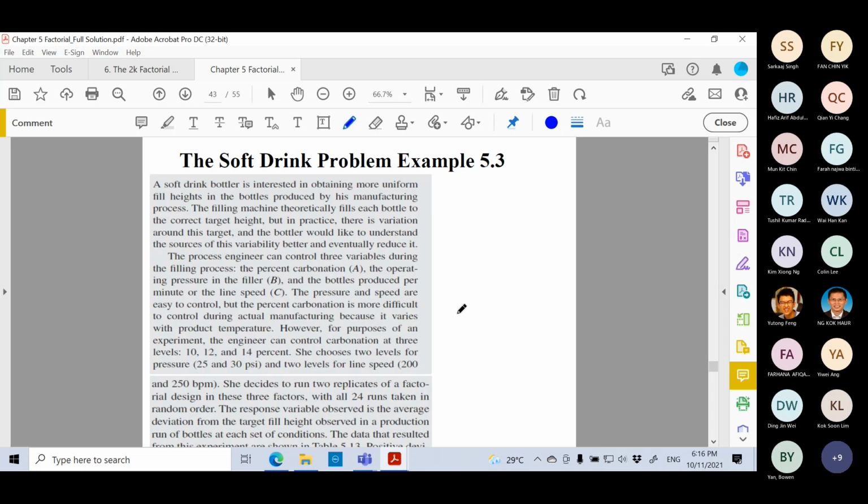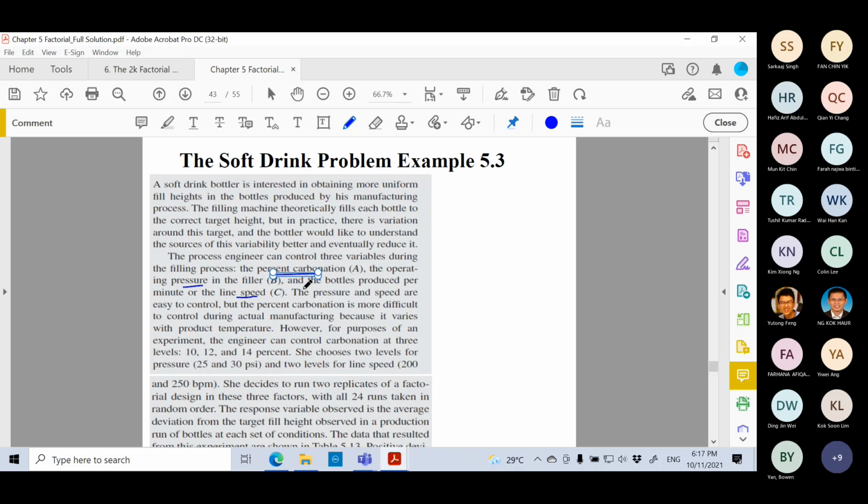So this is one of the examples from the textbook, example 5.3, where they want to study 3 factors. The first factor is the percent carbonation, the second factor is the operating pressure, and the third one is the line speed.